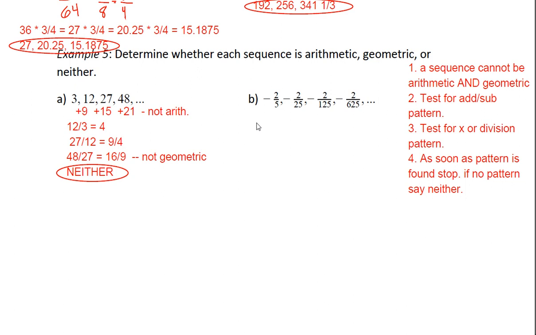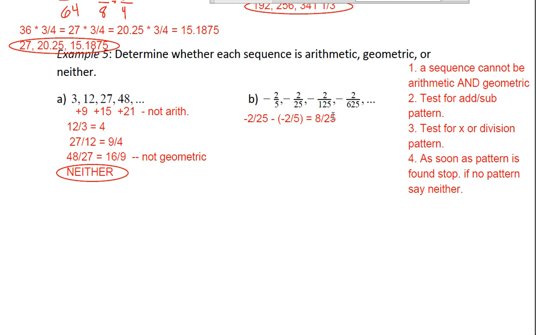You can prove to yourself, and I did it when I did the problem, but basically you can check, say negative 2 over 25 minus negative 2 fifths. When you put that together, we get 8 25ths, because we get negative of a larger number, so it goes up.